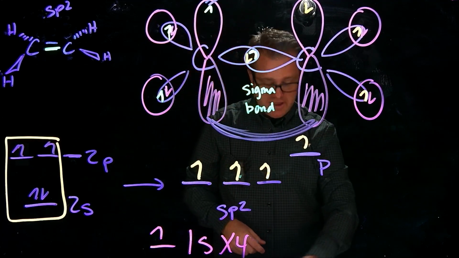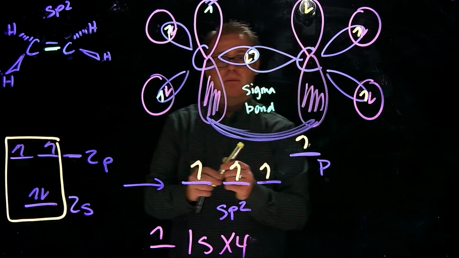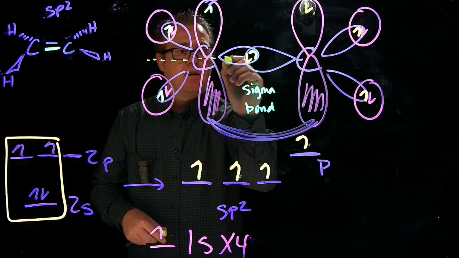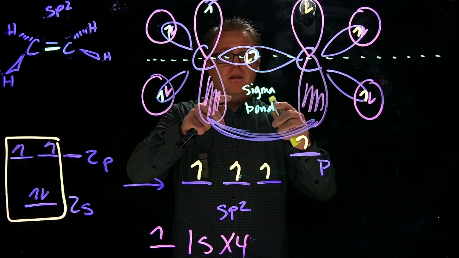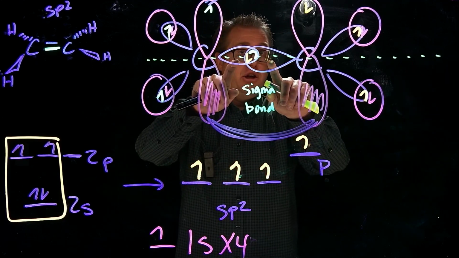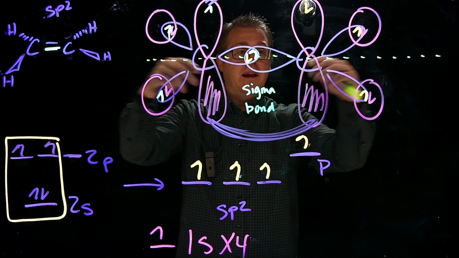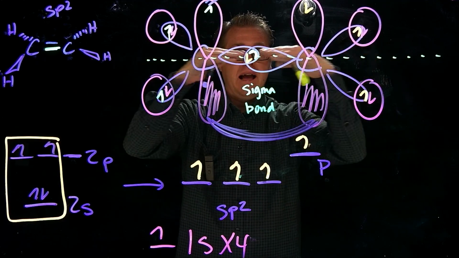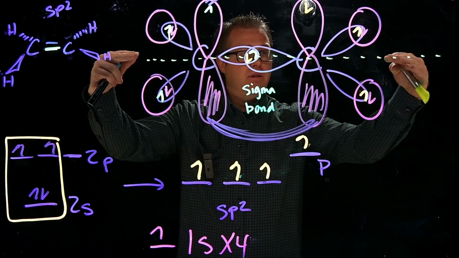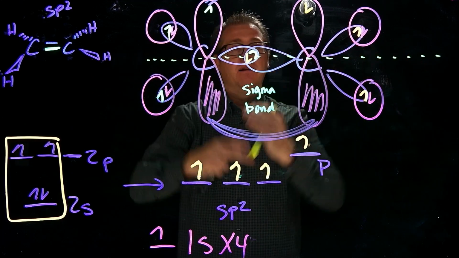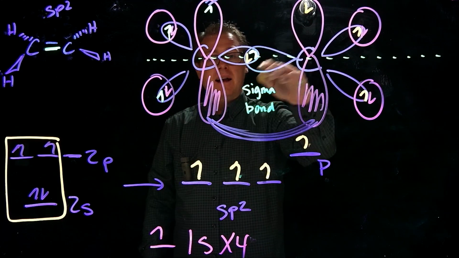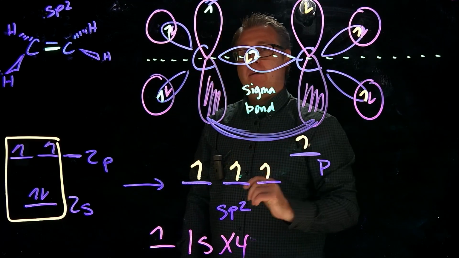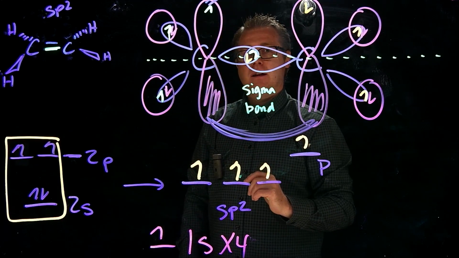above and below this plane. So we have a plane right here through the carbons. Okay. These two sp2 hybridized orbitals are in that plane. They're head-to-head overlap. Okay. They're within that plane. But then the pi or the p orbitals are interacting above and below that plane. Okay.